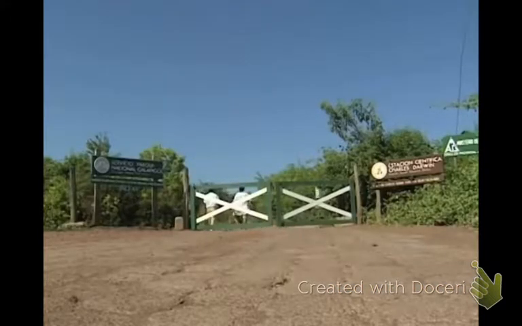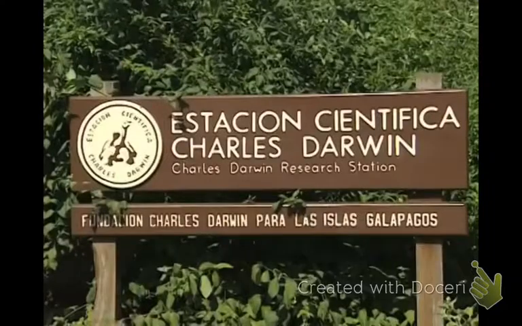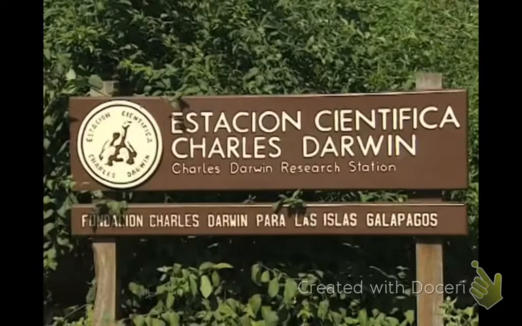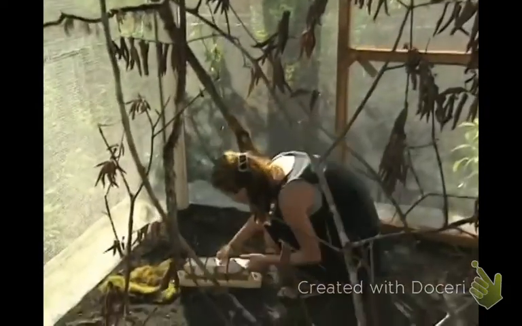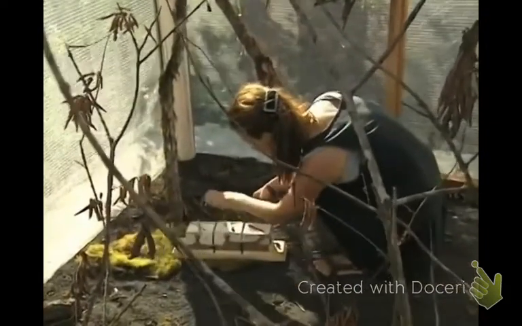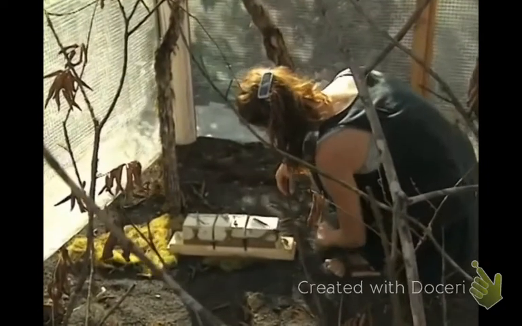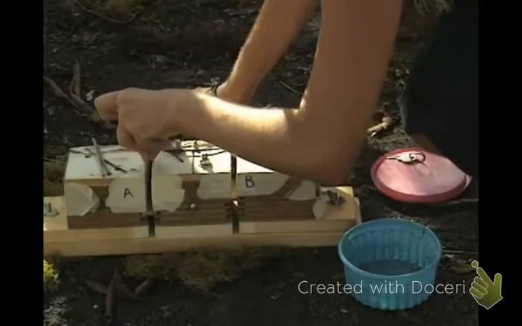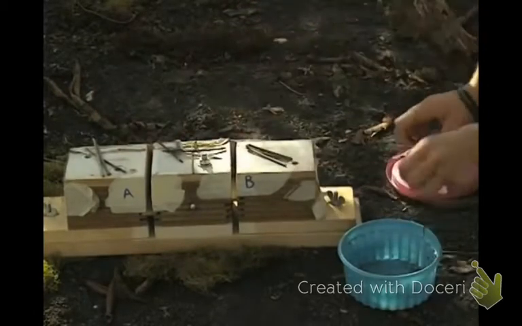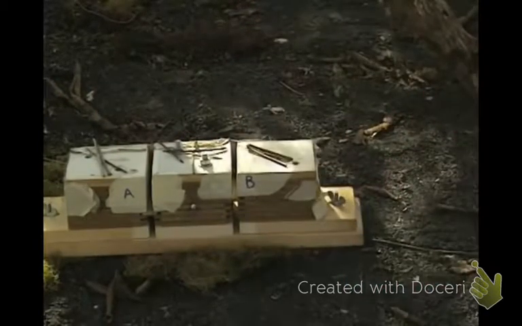In the years since Darwin's visit, many other scientists and ornithologists have come to the Galapagos to study its finches. In this experiment, researchers are observing the woodpecker finch, using this wooden box to stand in for a tree. The woodpecker finch is one of the only birds to use tools to help it find food.